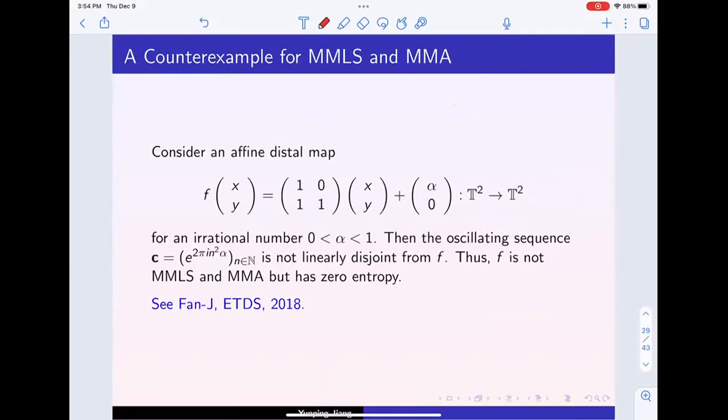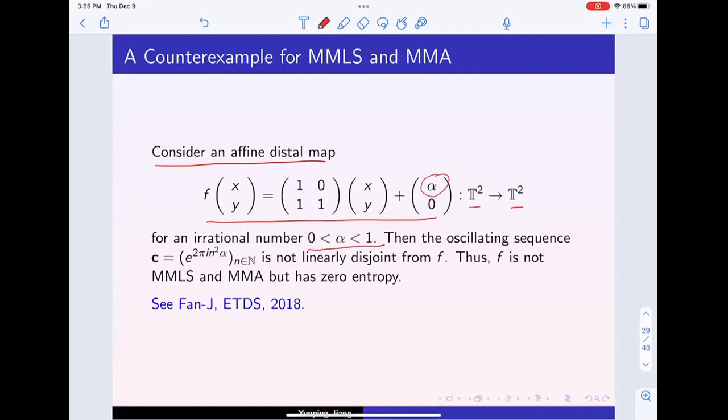Now the question is: you know the Möbius function is oscillating of order 1. So how about other zero entropy flows? There's another one, the map alpha on T2, given by the integer matrix (1, 0; 1, 1) plus some alpha not equal to 0, where alpha is between 0 and 1.